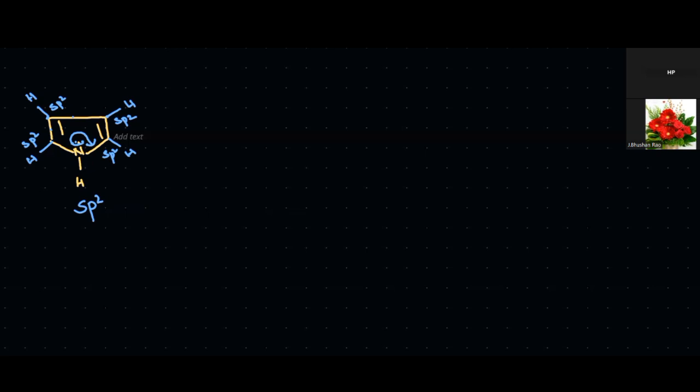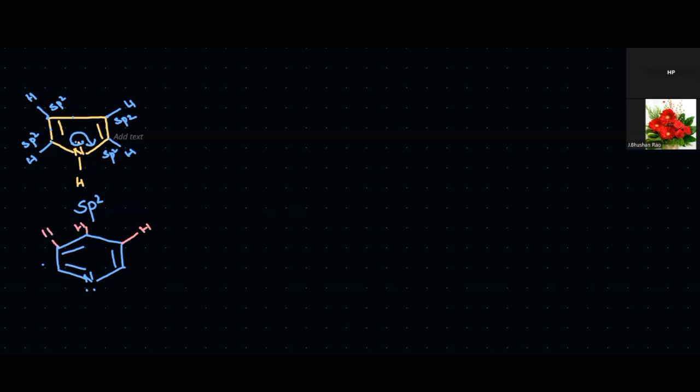Another molecule, similar to this one: a six-membered ring with alternative double bonds. Here this nitrogen has one lone pair. Here also this one has one hydrogen.